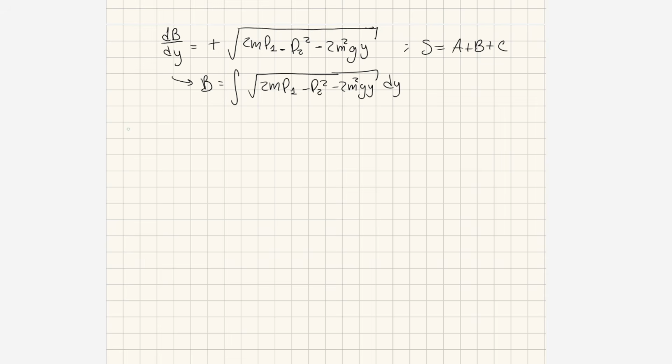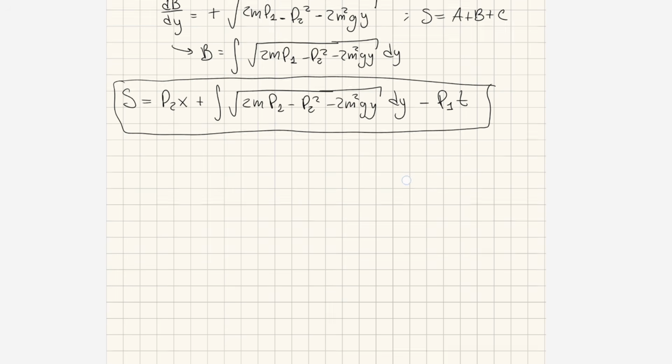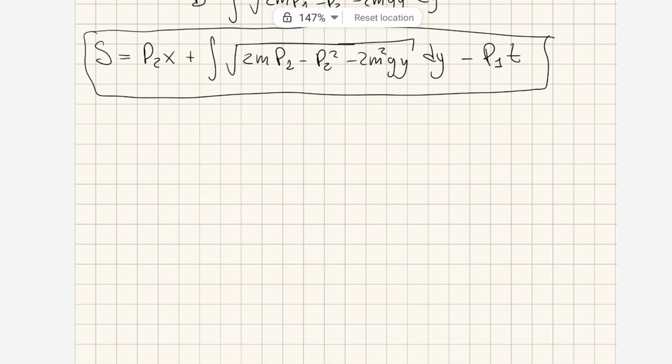This takes us to establish the solution s equals a of x, which was p2x, and then b of y, which is this integral, the square root of 2m p1 minus p2 squared minus 2m squared gy dy, and then plus c of t, which was equal to p1t. Perfect. So now we have found a solution for the Hamilton-Jacobi equation as the sum of three functions that are of just one variable.